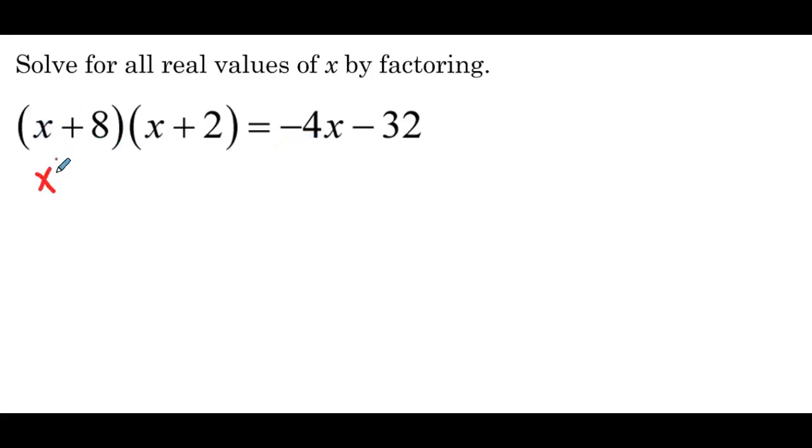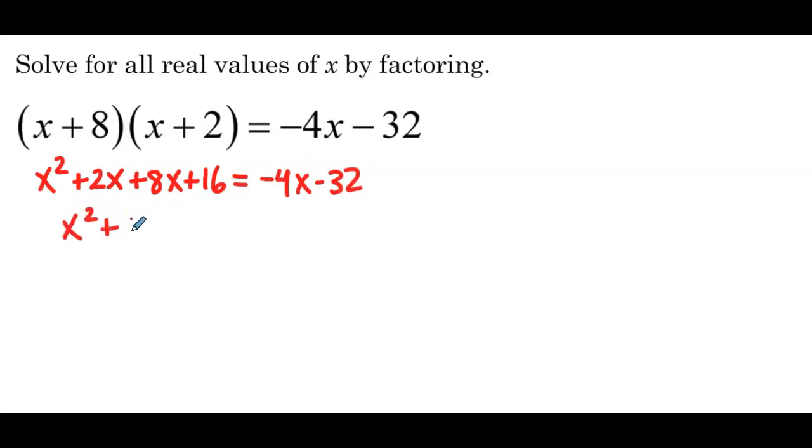So we'll distribute. So we have x squared plus 2x plus 8x plus 16 equals negative 4x minus 32. So combining our like terms on the left side, x squared plus 10x plus 16 equals negative 4x minus 32.